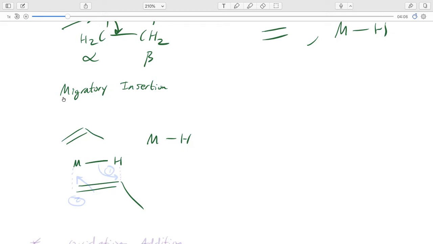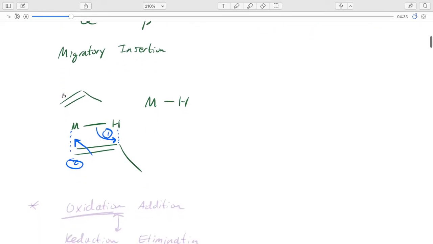The way I think it should happen is we've got the sigma bond between the metal and hydrogen going over here, forming that as a transition state, and then the pi bond coming out and forming the sigma bond between the metal and carbon. So this is 1 and this is 2. But really, this is a concerted mechanism, so it's happening all at the same time. All right, does that make sense?